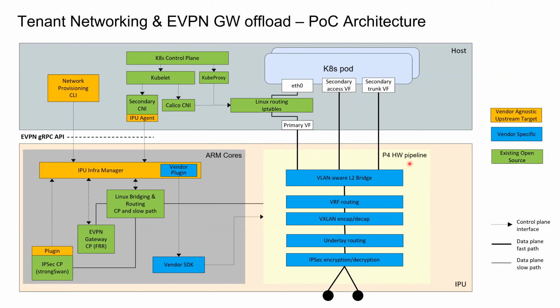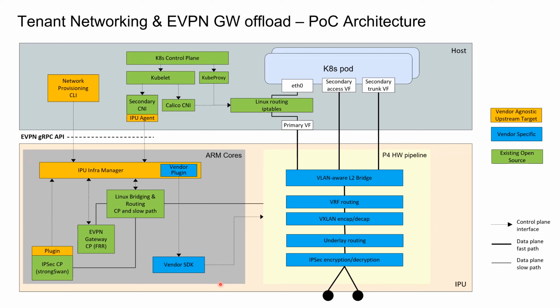And the hardware pipeline has several stages. It has at the top a VLAN aware L2 bridging stage. It has a VRF routing stage. It has a VXLAN encap decap stage, an underlay routing stage, and IPsec encryption decryption. And all this is provisioned with state rules through the control plane that runs on the ARM cores of the IPU on the left-hand side.